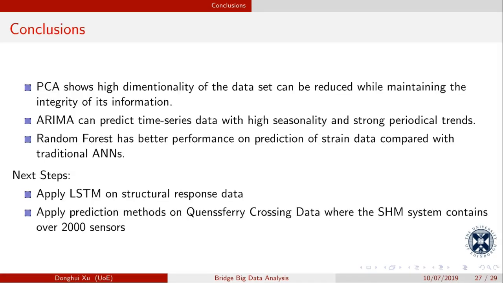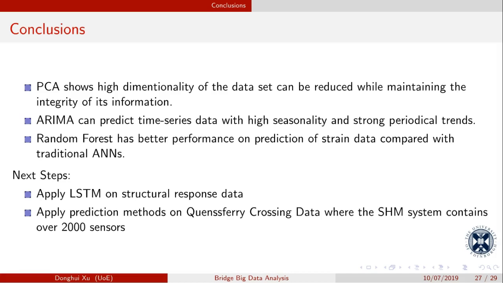A bit of conclusion. What we have achieved now is to try different statistical models and machine learning techniques on the data from the Forth Road Bridge. The ARIMA model can predict time series data with high seasonality and strong periodic trends. And random forest actually has better performance than simple ANNs. But we believe that if we use deep neural networks like LSTM, we would have better performance on structured responsive data.